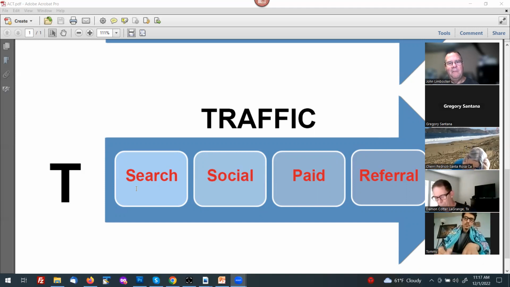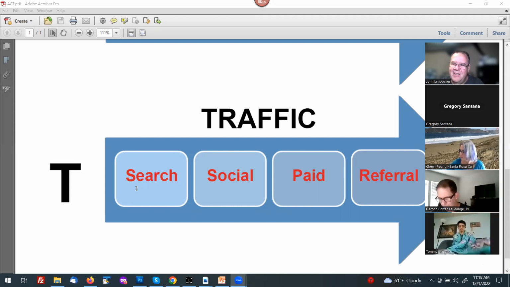There's a lot of different places that you can get traffic. And again, this too rolls back to the analysis. What kind of traffic is the right traffic for this particular avatar? If you're doing search, a lot of people just focus on search. They think, oh, I can just get on search engines and I'm going to get rich.